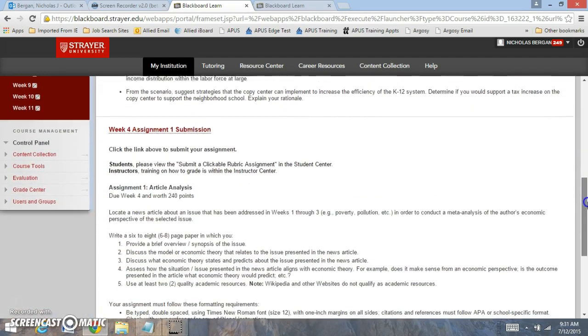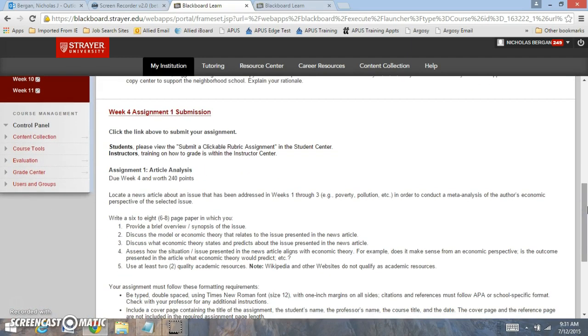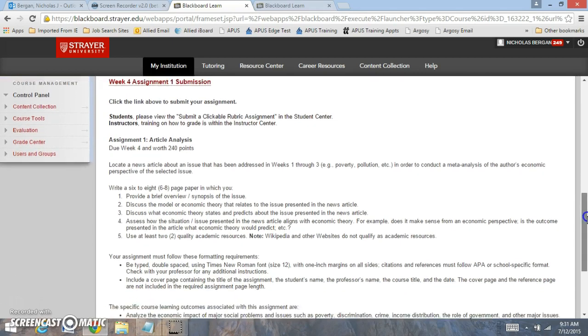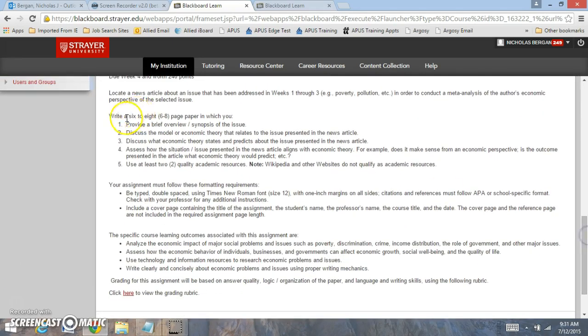Now for this week, you have the week 4 assignment. And for this, here's what we're going to do. You're going to locate a news article about an issue addressed in weeks 1 through 3. So crime, education, externalities, pollution, in order to conduct an analysis of a perspective on this different topic.